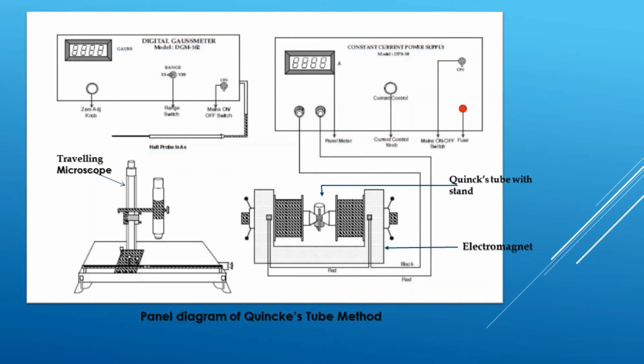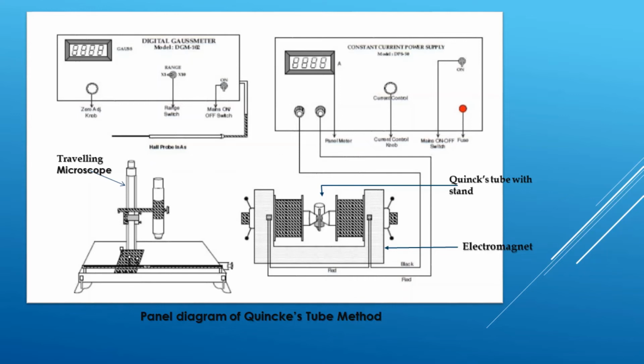In the middle of the two poles of the electromagnet, and as it is a paramagnetic substance, the magnetic response will be very weak. The rise in height will be very small.